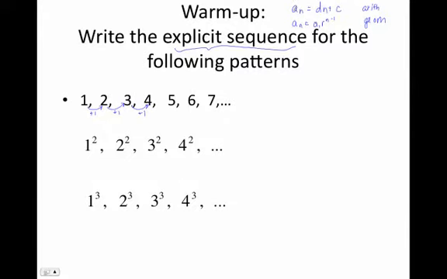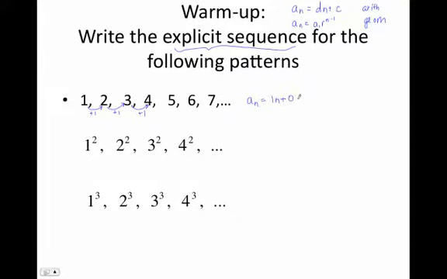So this will fit an arithmetic sequence, and we could come up with something like a sub n is equal to 1, because that's our difference, times n plus, and we need to go one term back to find our 0th term, or what our y-intercept would be. So in this case, if we went back 1, we would subtract 1 from this term, and we would get 0.